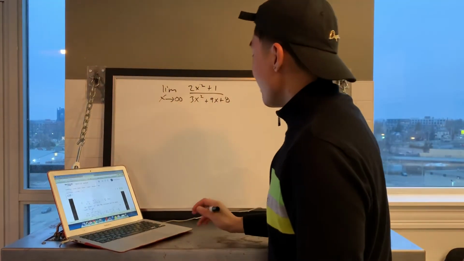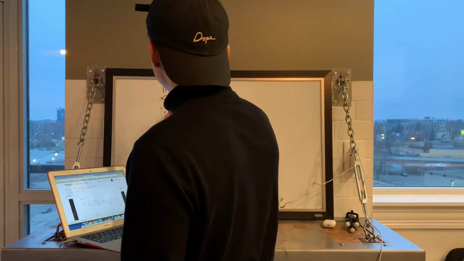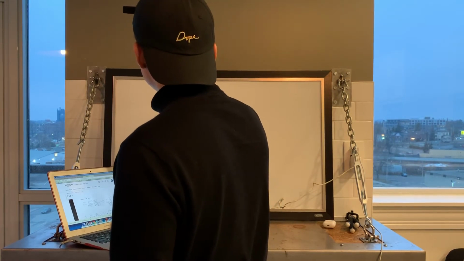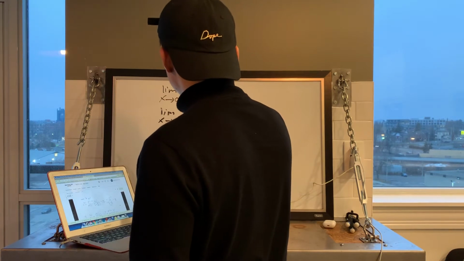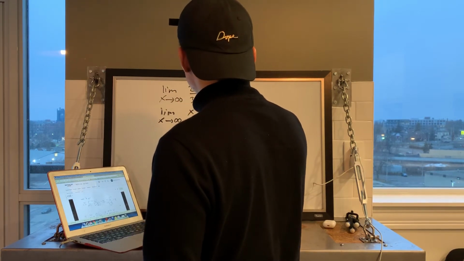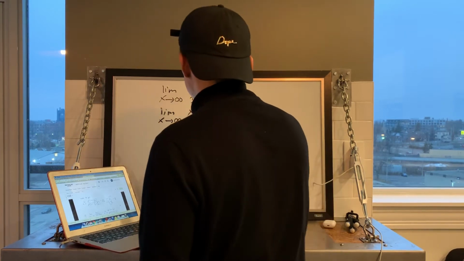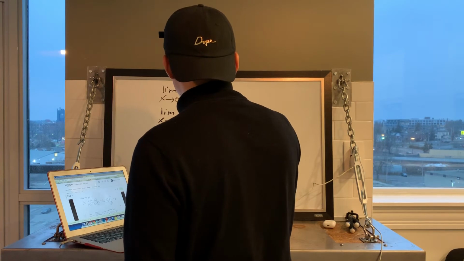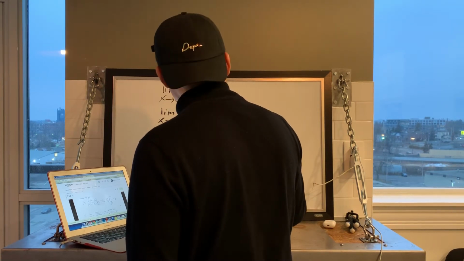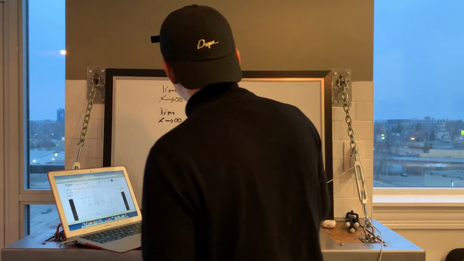And when we do that, we get something along the lines of this. So we set the limit as x approaches infinity of x squared times 2 plus 1 over x squared, all over x squared times 3 plus 9 over x plus 8 over x squared, essentially.